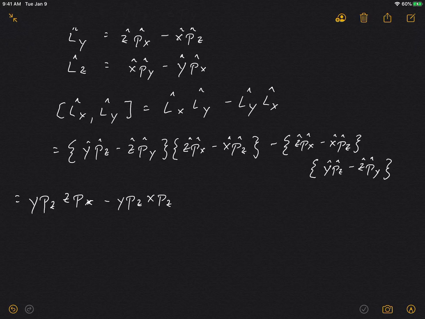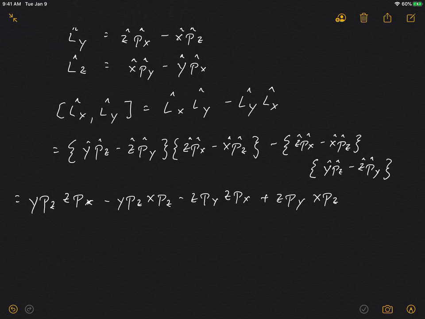And then inner is going to be minus zpy zpx, and last is going to be plus zpy xpz. Okay, and I'm dropping the hats for now because it's getting a little busy. So that's for the first, that's for Lx times Ly.